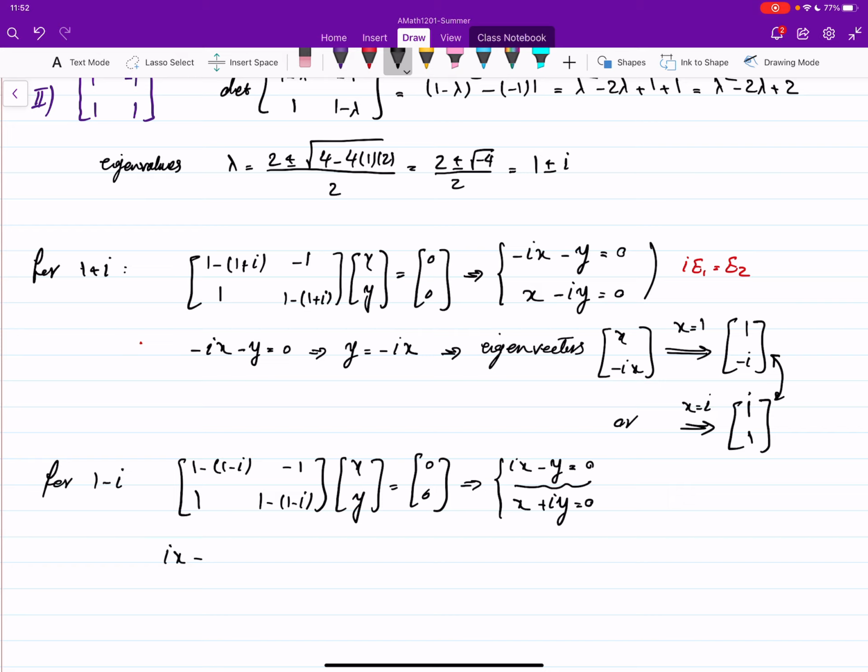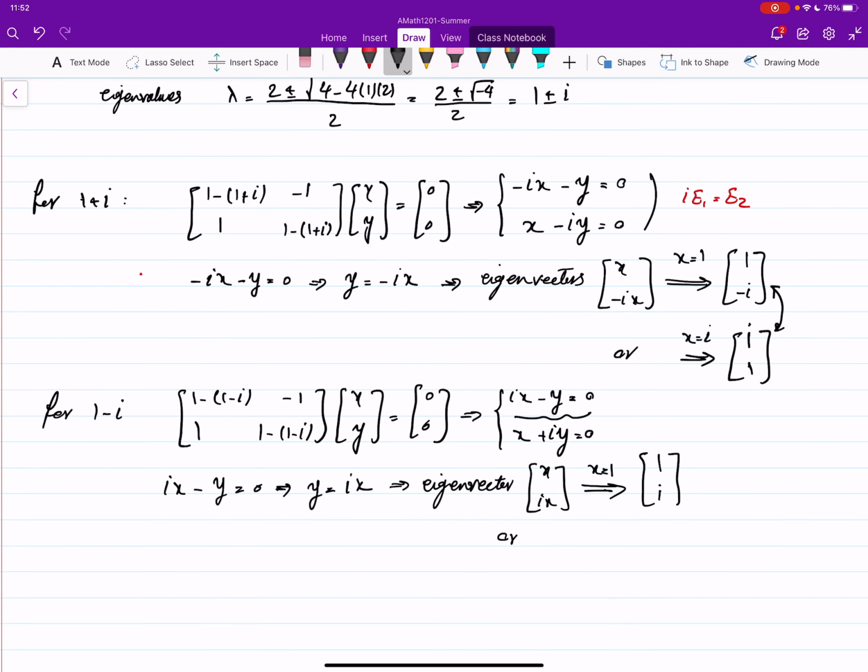So I pick one of these, and I see that here now the second component is i times the first component. So eigenvector is going to be x, i x. In particular, if you set x to be 1, this is 1, i, or, well, anything you can put there, or any complex number, if x is equal to, say, i, then you will get i, negative 1 here.